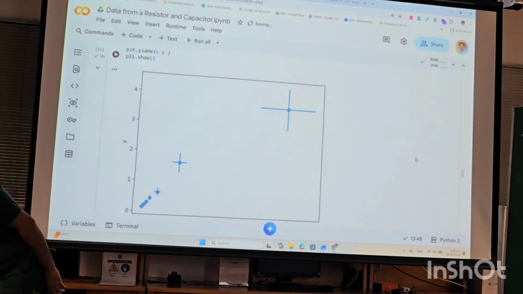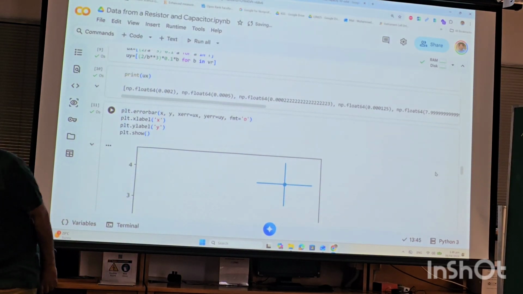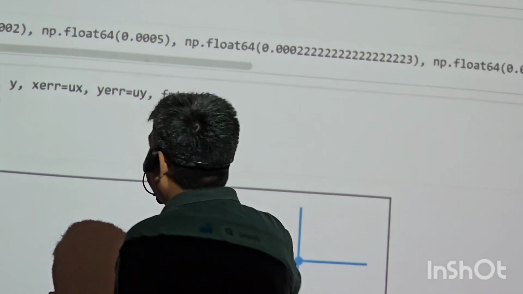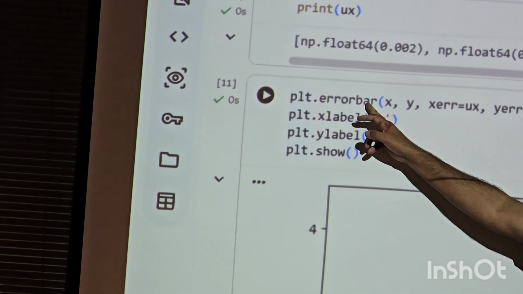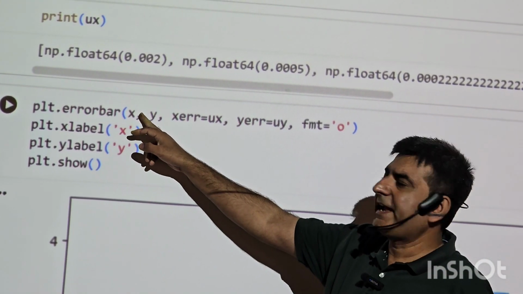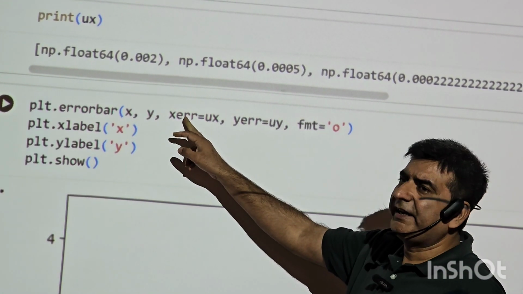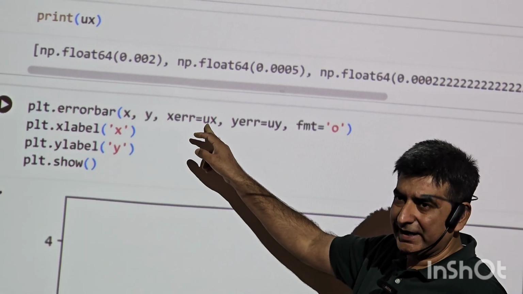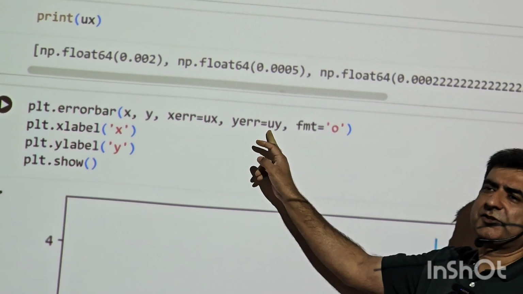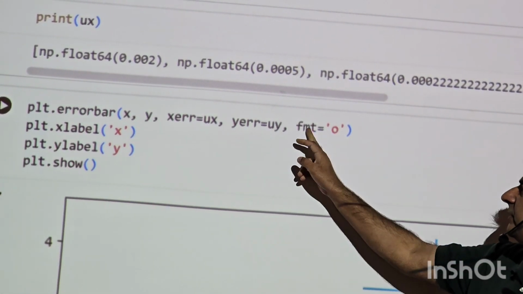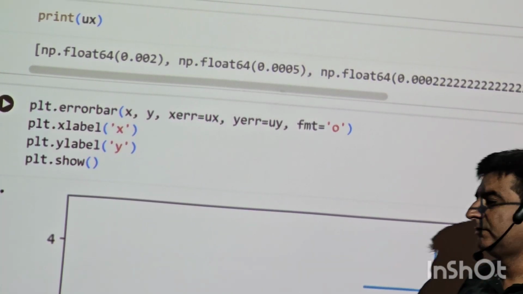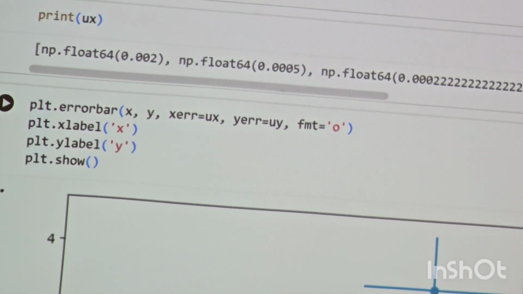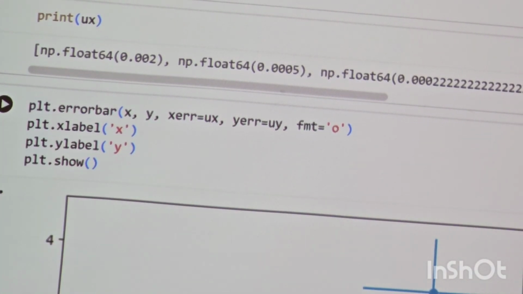So how do you get this plot? Instead of plt plot, you type plt errorbar, with your variables x, y. You define x error, which is ux, and y error, which is my uy, plus this styling command. Okay, this is how you do plots with error bars.